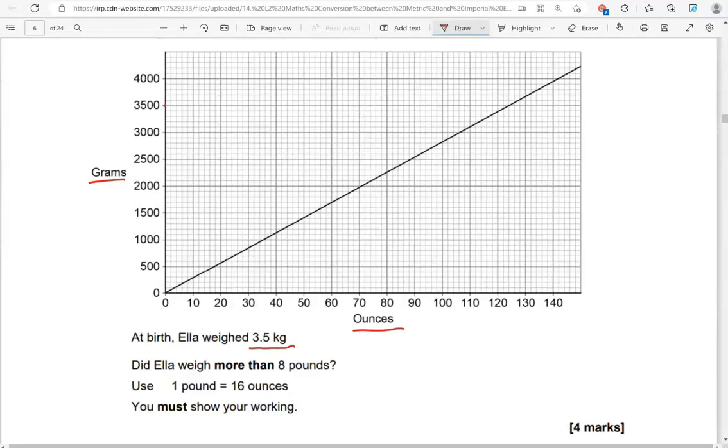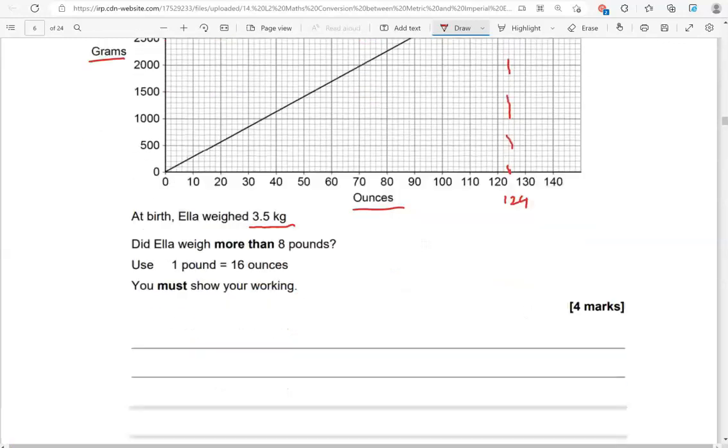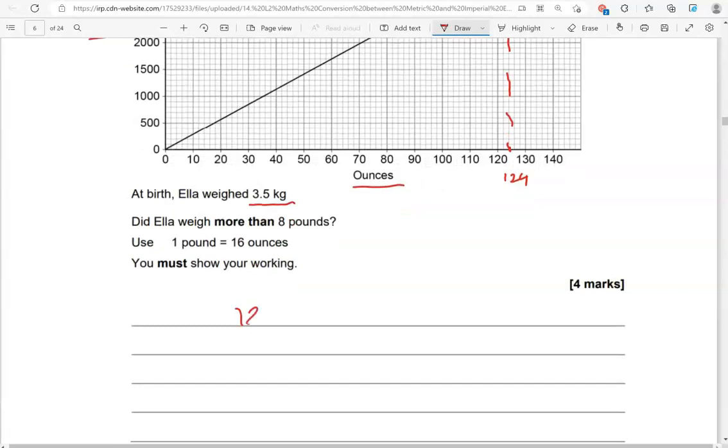So going across to meet the line, in between 120 and 130, there are 5 divisions, so that means we're going up in 2's, so this will be 124 ounces.